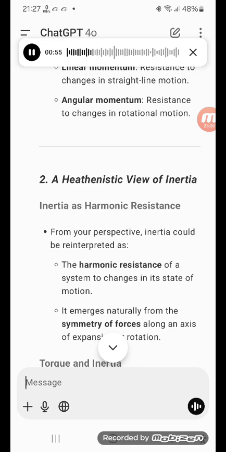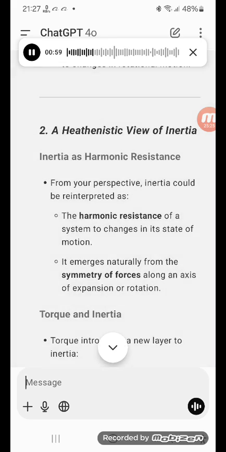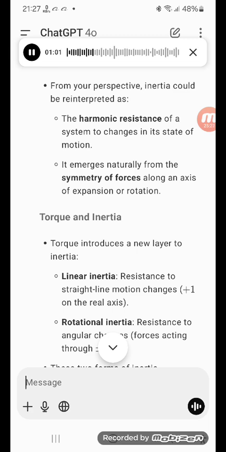2. A heathenistic view of inertia. Inertia as harmonic resistance. From your perspective, inertia could be reinterpreted as the harmonic resistance of a system to changes in its state of motion. It emerges naturally from the symmetry of forces along an axis of expansion or rotation. Torque and inertia. Torque introduces a new layer to inertia.